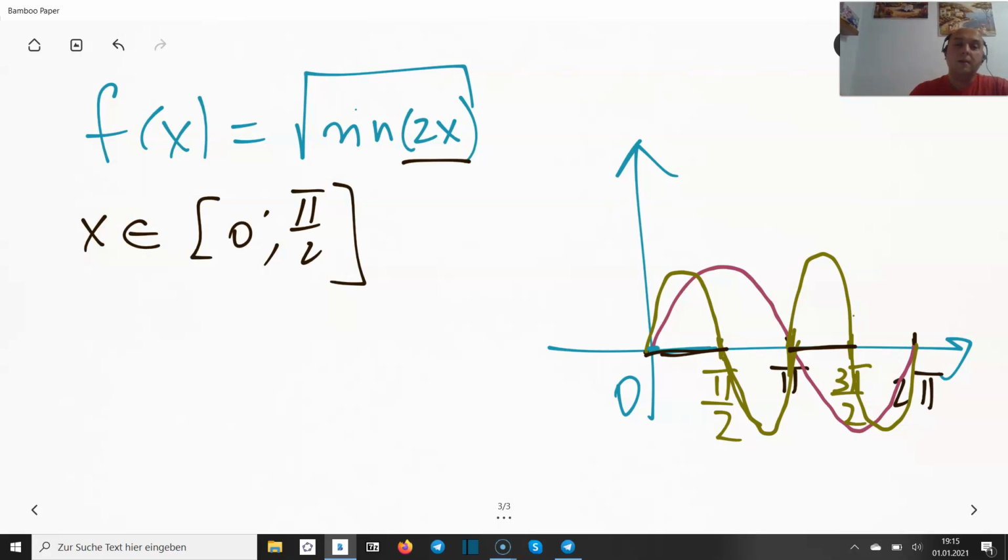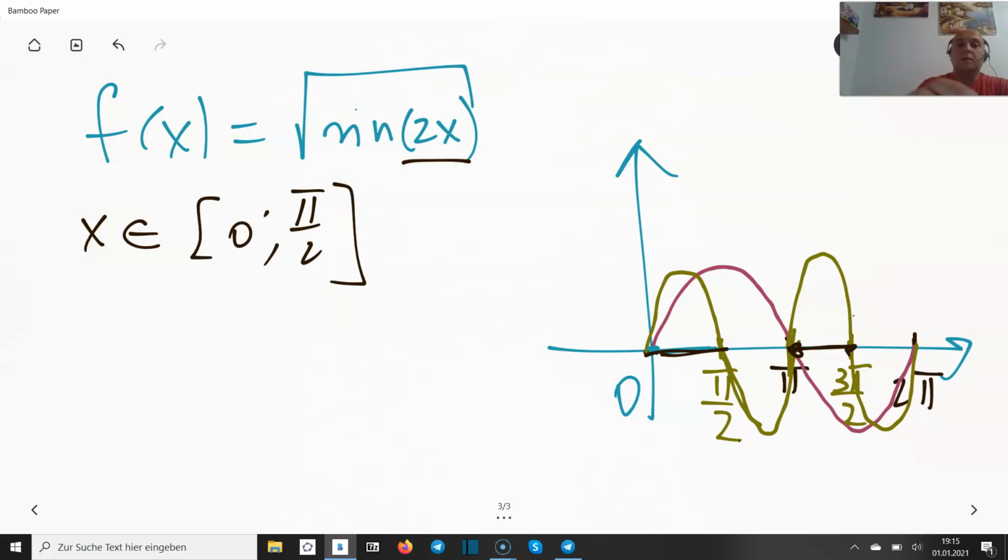But then you can say, well, that means actually we are taking the interval from 0 to pi divided by 2, and then if we add pi to this interval, so if we add pi to 0, we get pi. If you take pi divided by 2 and add pi, you get 3 pi divided by 2.